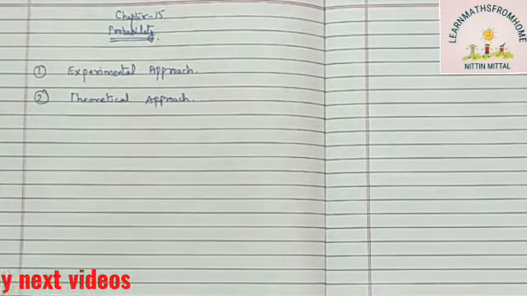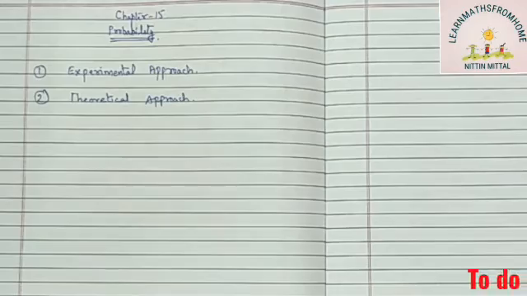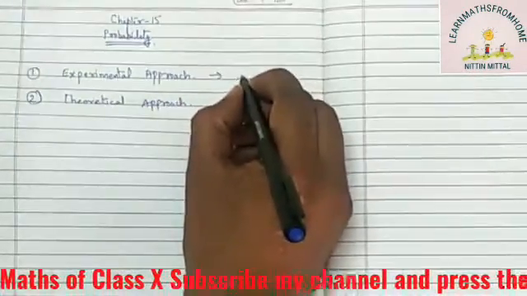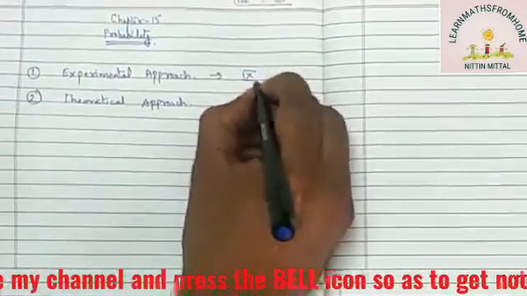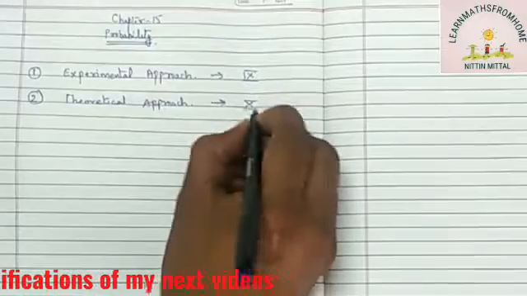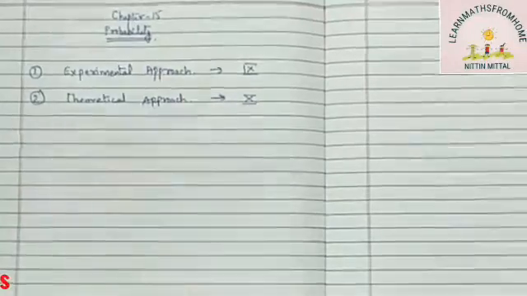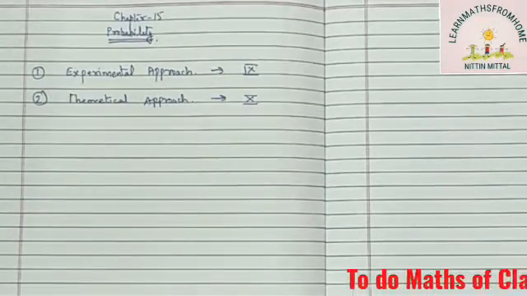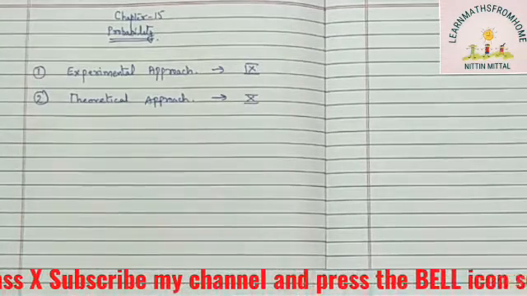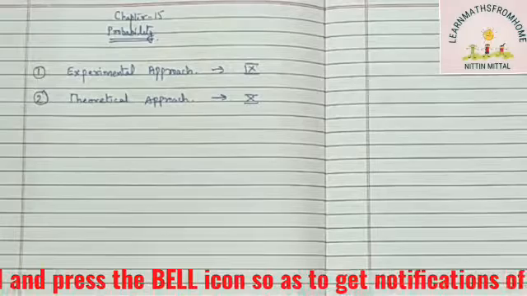Experimental probability you have already done in class 9. So experimental probability is covered in class 9, and theoretical approach we will use in this class 10. Now first let me recall what we did in class 9 and what we mean by experimental approach.